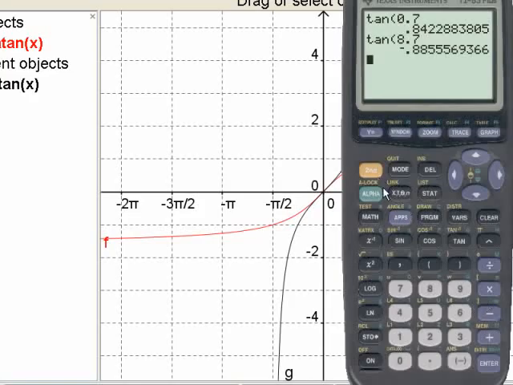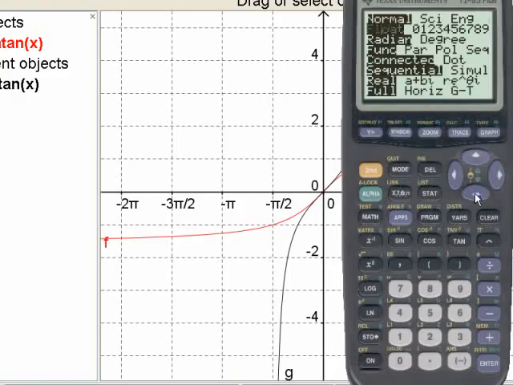If you do the inverse, it's always going to give you answers between negative pi over 2 and pi over 2. Perhaps we should think in terms of degrees for this because it would be easier to think about. So our brains don't hurt here.